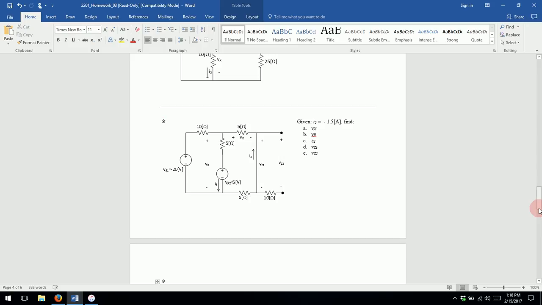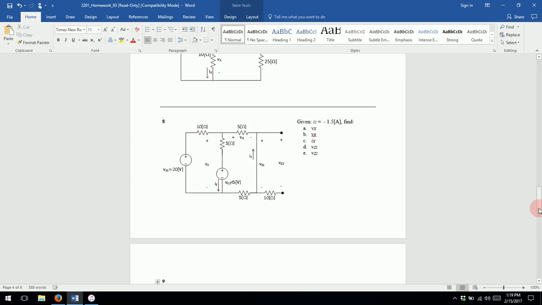Okay. So what if I, so here is the loop. And when I'm writing my KVL equation, I can always jump from this node to this node by subtracting this minus 2. Don't have to necessarily have a component connected to those two.